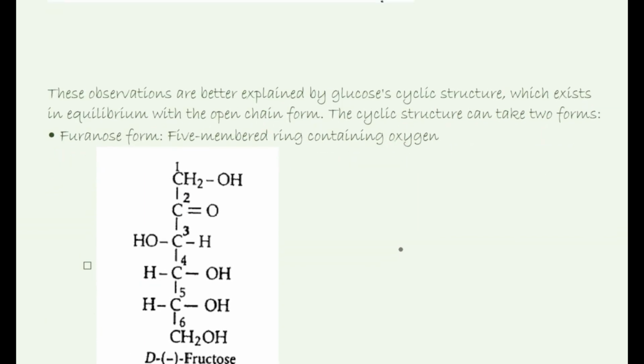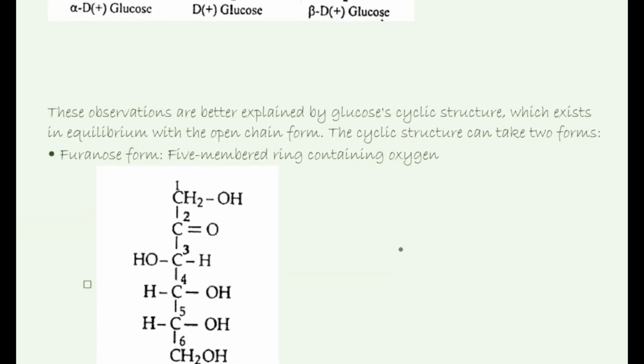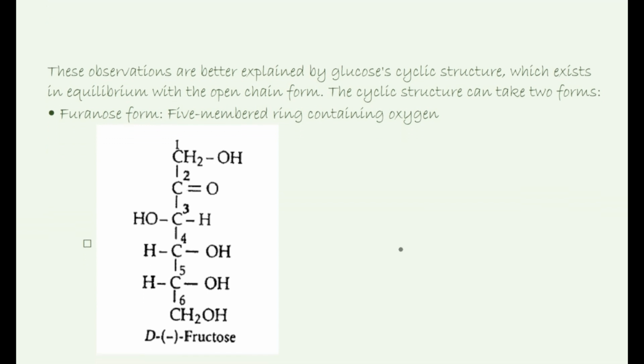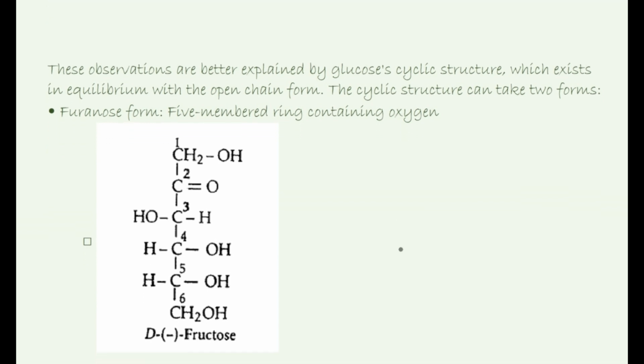Okay, I'll show you the glucose structure as well in a while. These properties are very similar to fructose as well. But fructose has a 5-membered structure, because the structure differs at this point. Fructose contains a keto group, but glucose has an aldehyde group in it.